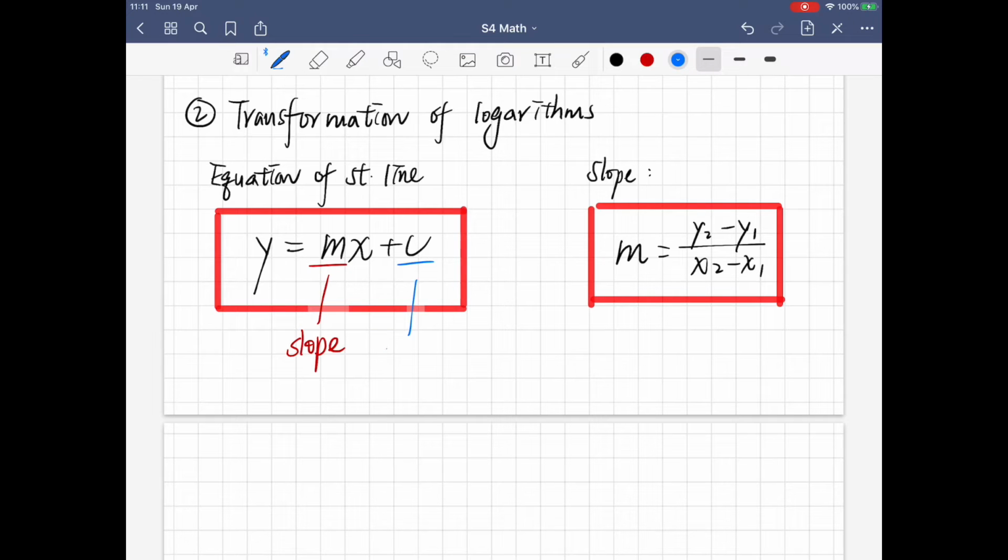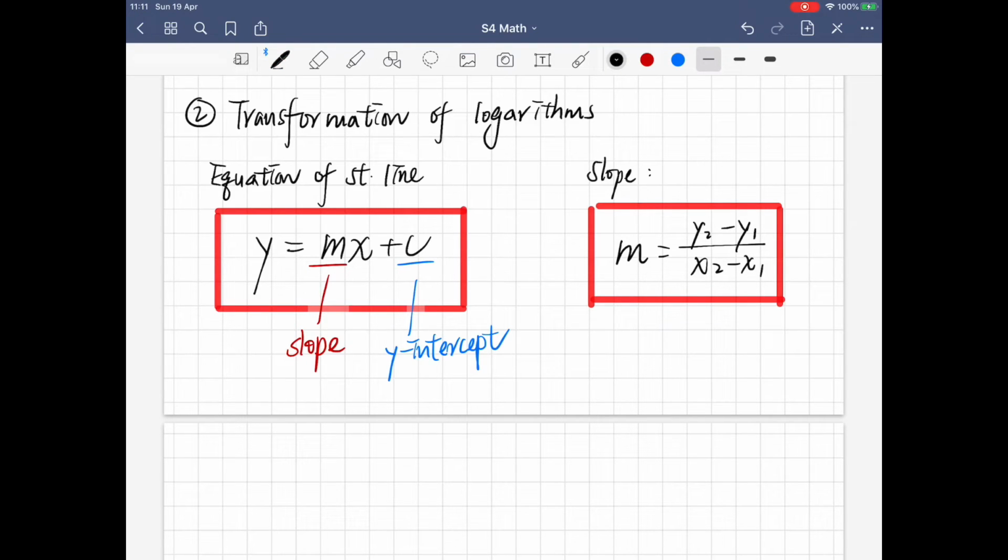And for c, it represents the y-intercept of the straight line. Besides, we can calculate the slope of a straight line using two coordinates (x1, y1) and (x2, y2) by the formula m equals (y2 minus y1) over (x2 minus x1).